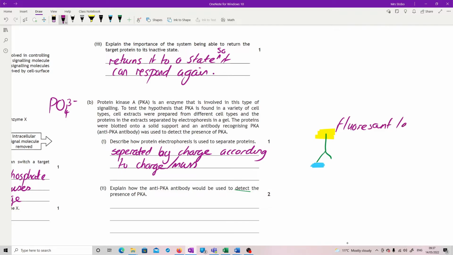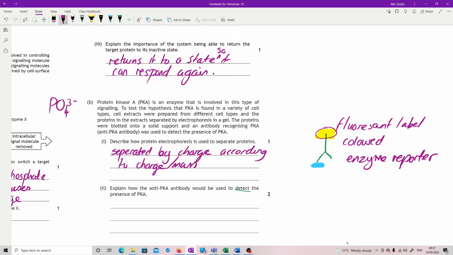So if you have a fluorescent label, you could go with any other form of coloured label. And you could go with an enzyme reporter. The enzyme reporter would mean that you have an enzyme attached up here which you can add the substrate to, and that substrate will then be altered to product, and the product will either be a colour or something that you can detect.